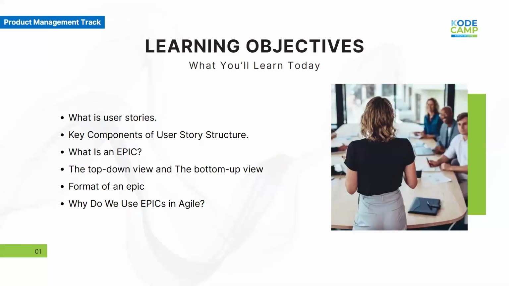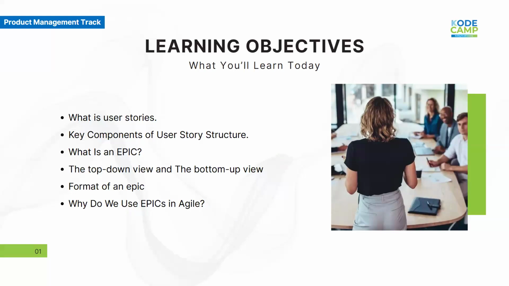All right, before we get into it, here's what we'll be covering today. First, I'll show you what user stories really are and how they work in real projects. Then we'll look at what makes a good one, the structure, the clarity, the purpose of it, and all of that. And after that, we'll move into epics, right?